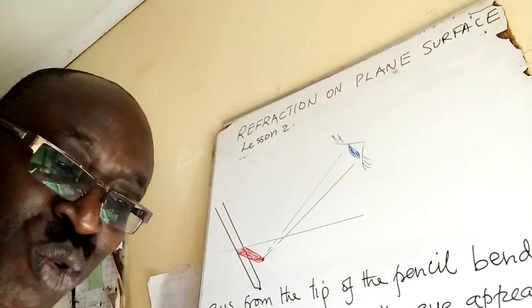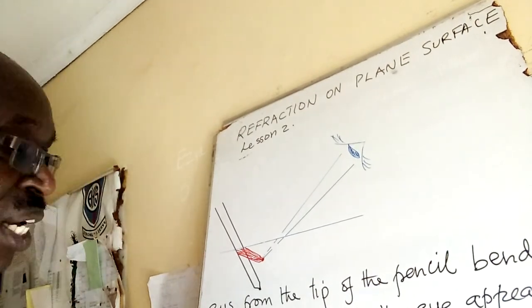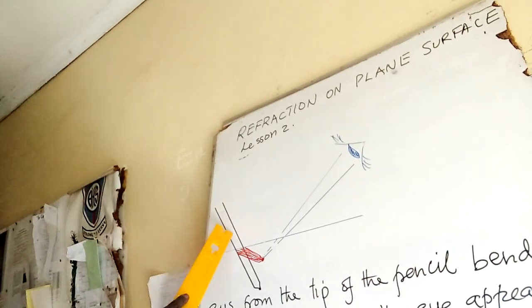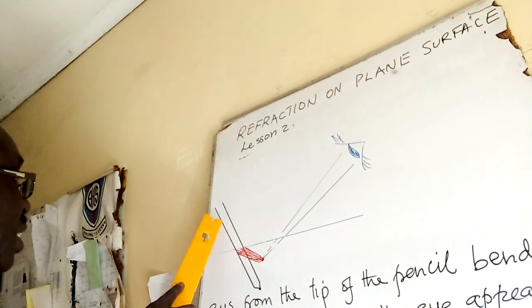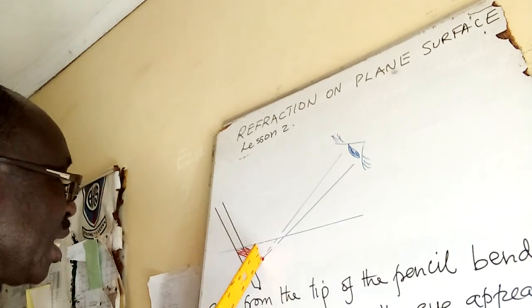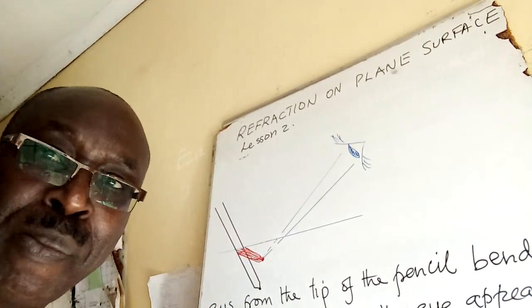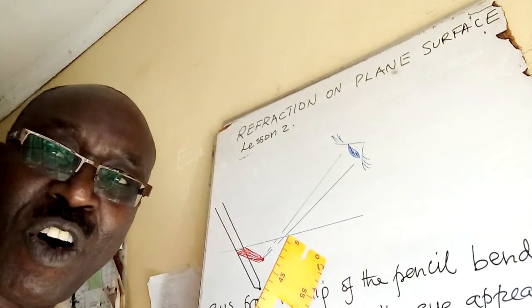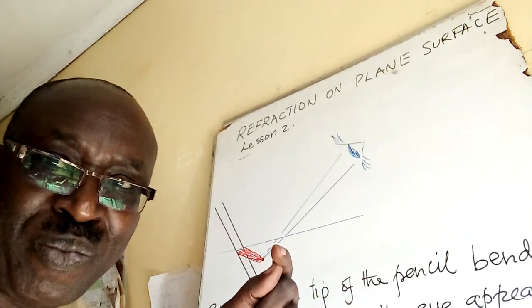So, I want to do that. Okay? So, this is our pen. This is the object, the object in black. I've drawn this part in red that appears to be bent, but the focus is the tip.